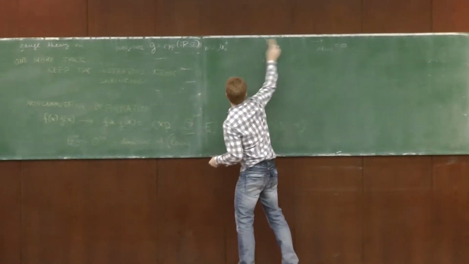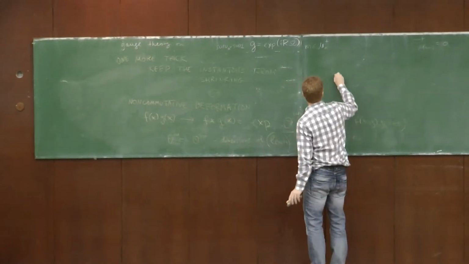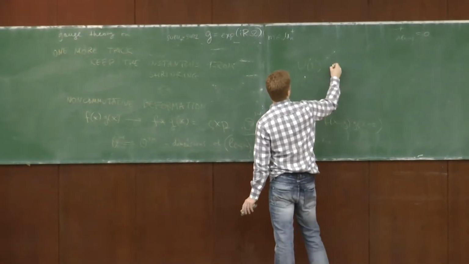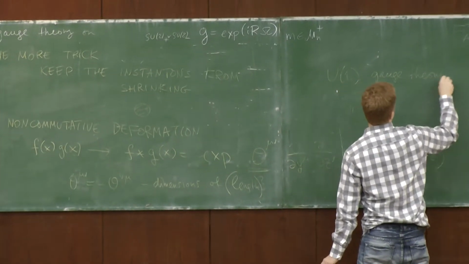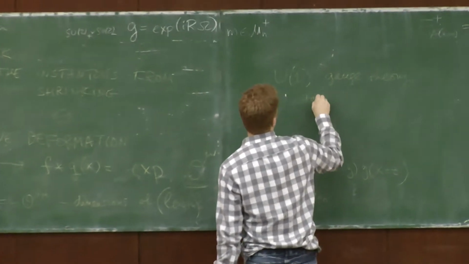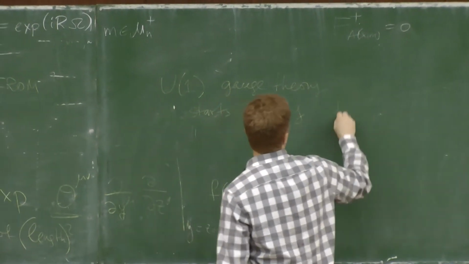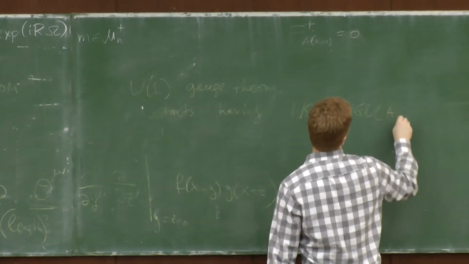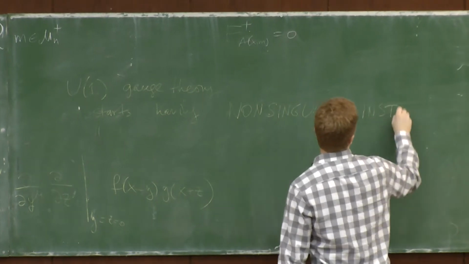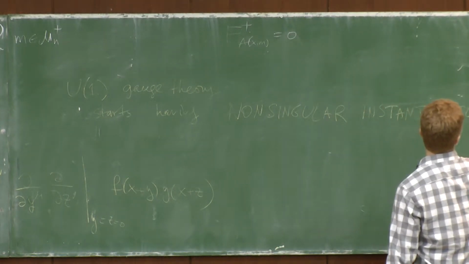Now, what happens after this deformation is that the U(1) theory starts having non-singular instanton solutions.